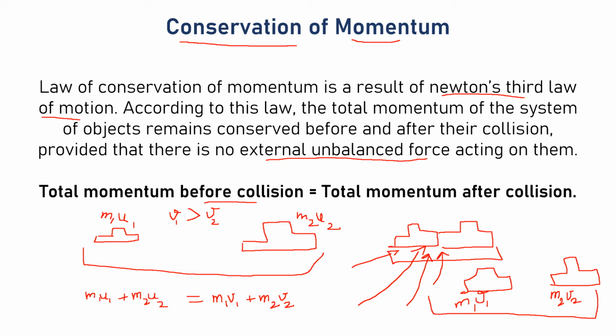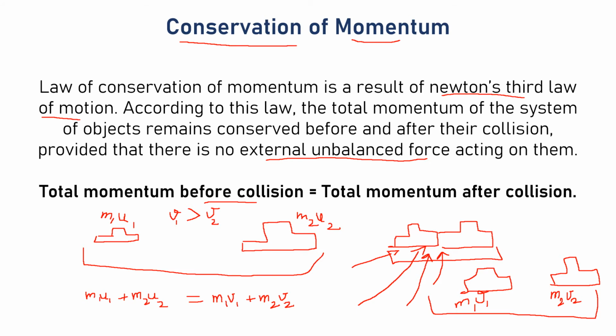In that case, where some other external force is applied, conservation of momentum won't take place. So it takes place only in an isolated system. Children, I hope you understood.